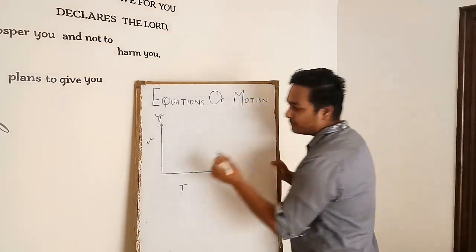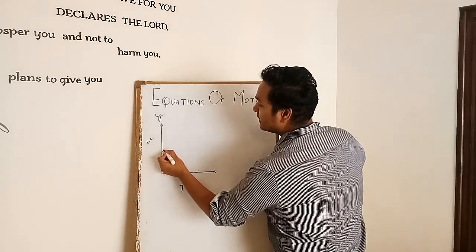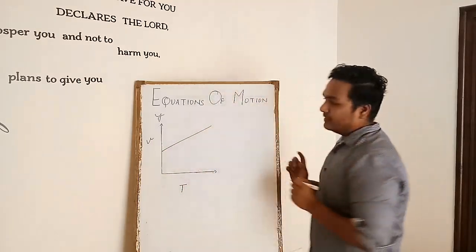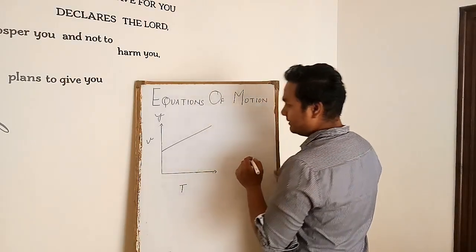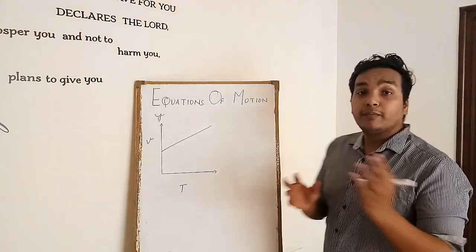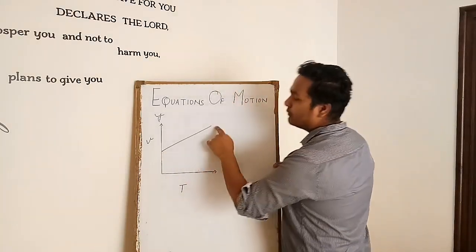So I'll draw a uniformly accelerated graph, this is a straight line. You might be thinking, why have I not started from here, why have I started from here?